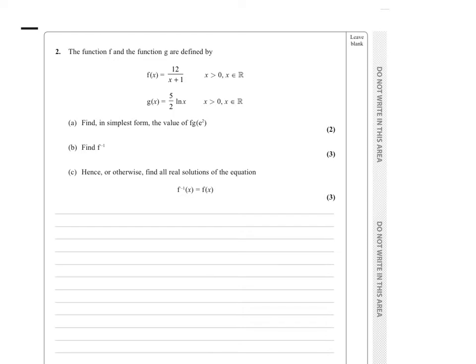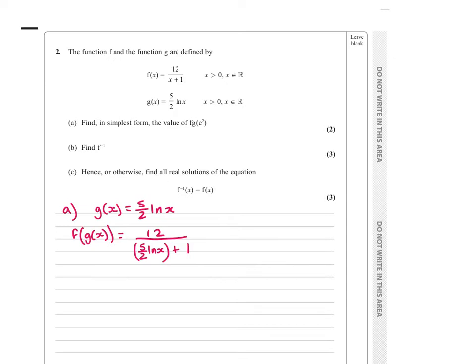So we know that g of x equals 5 over 2 ln x. So f of g of x is 12 over, and where there's an x, we're going to substitute in 5 over 2 ln x, plus 1. Okay, so this is my f of g of x.